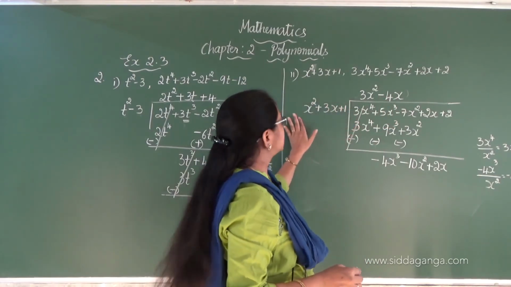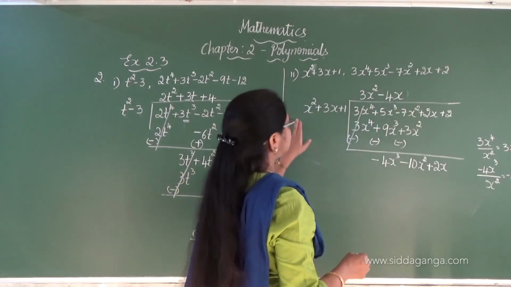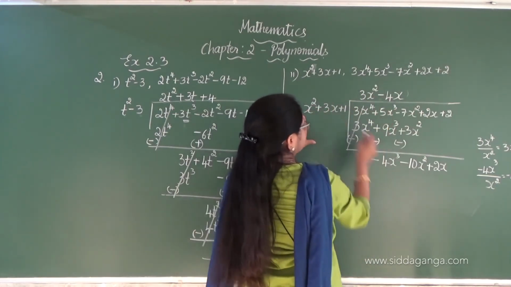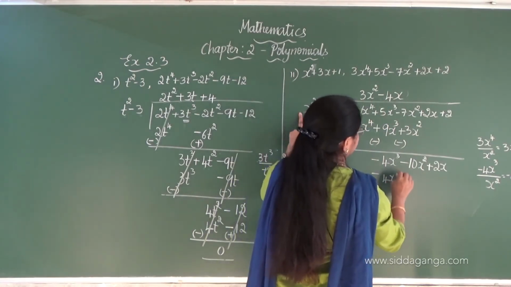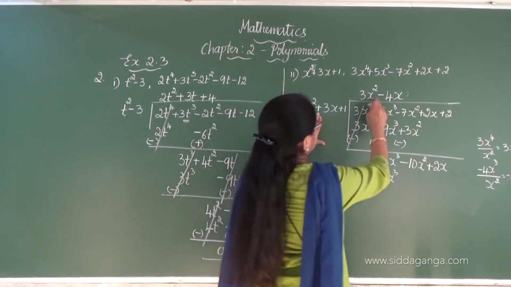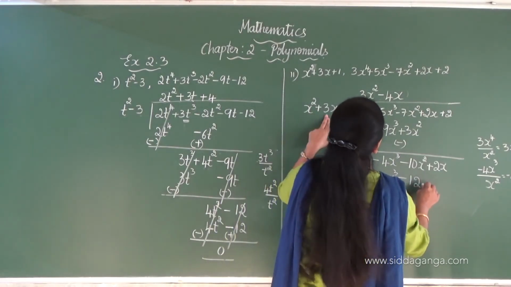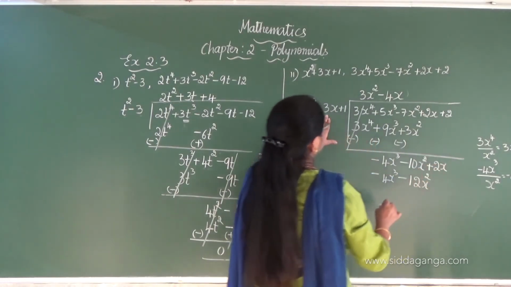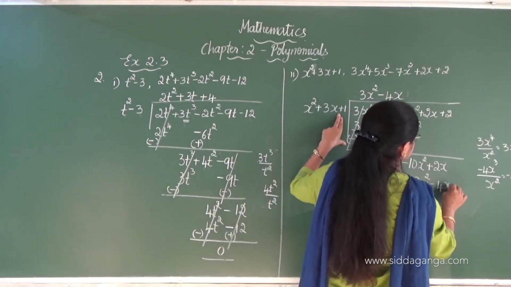You have to multiply this polynomial by minus 4x. Now, the first term will be plus into minus, minus 4x cube. Then plus into minus, minus 4 3s are 12x square. Then plus into minus, minus 4x.